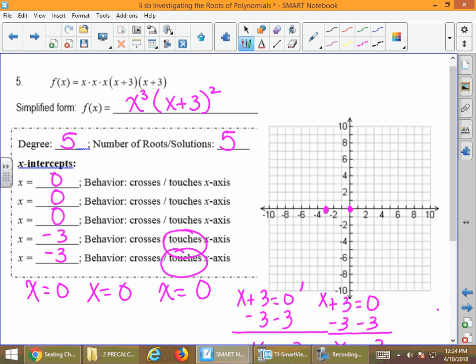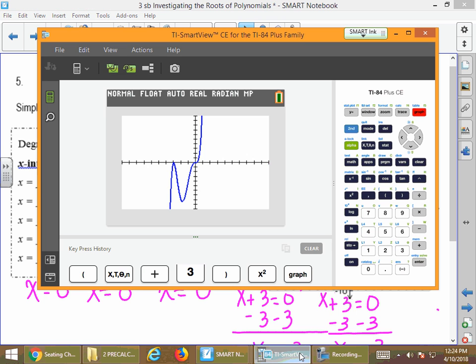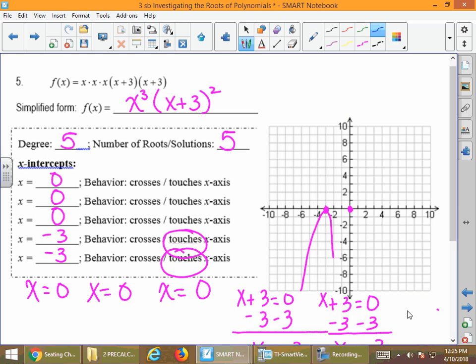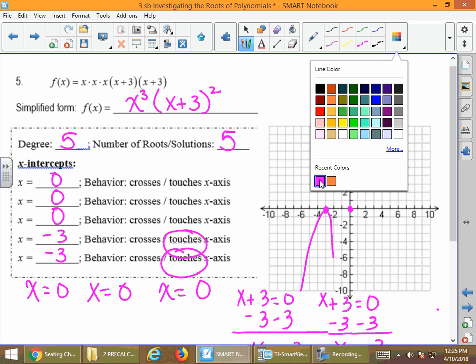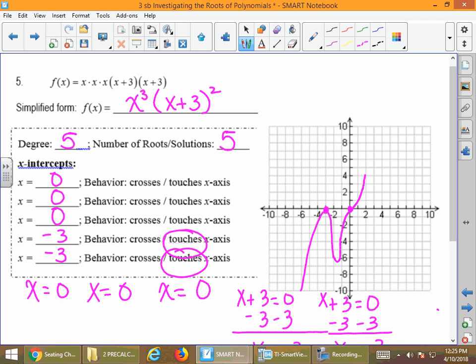As I look at the picture one more time, sure enough, we touch here at -3, just like we thought. And then we go over here at 0.